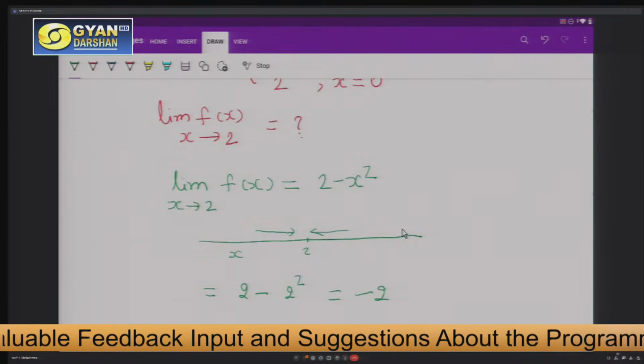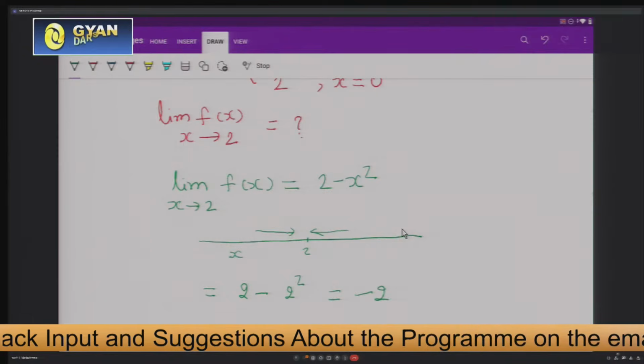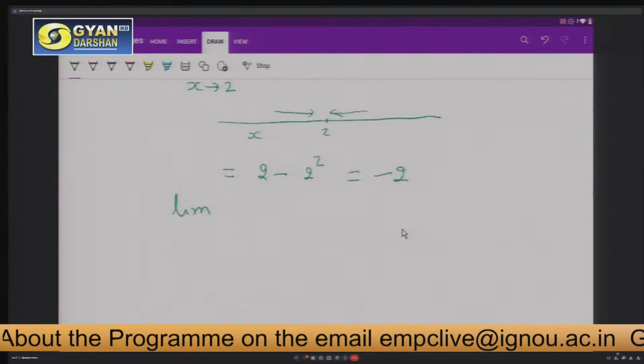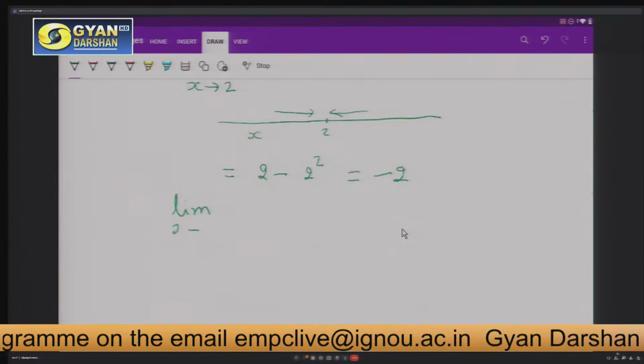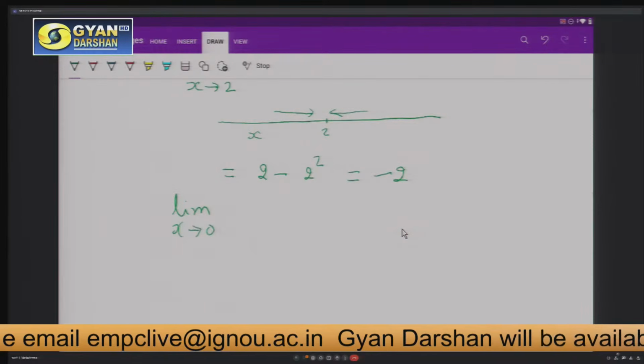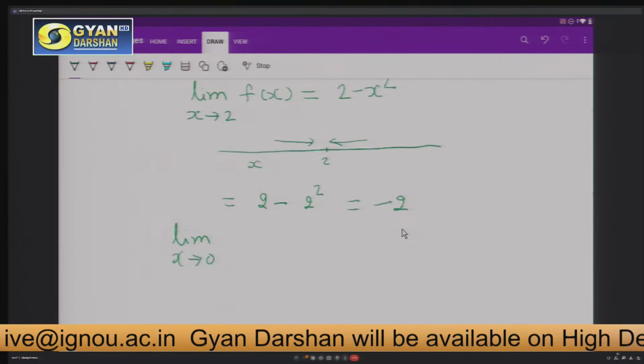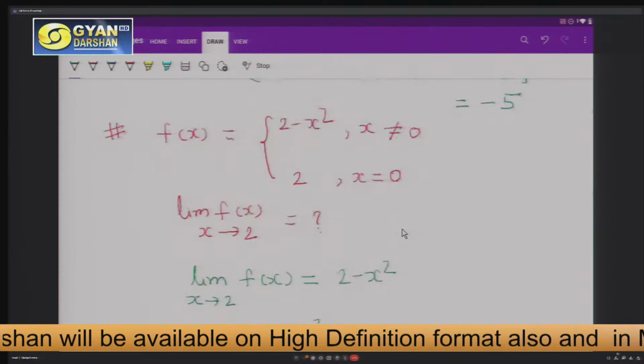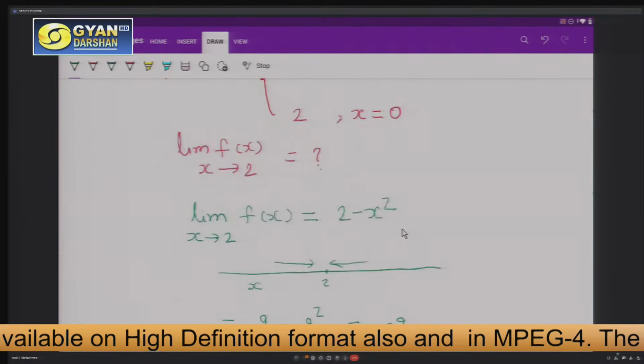But suppose in the same question we have to find out the limit when x tends to 0, because the question is whether the value of x is 0 or x is not equal to 0. It's not 2, it's 0.